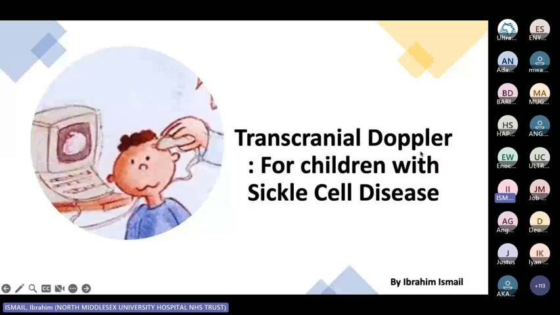So today I'll be going through transcranial Doppler, more specifically for children with sickle cell disease. I currently run multiple clinics all across London for patients with sickle cell disease that obviously are migrants, mostly from Africa and even Asia and even South America as well.